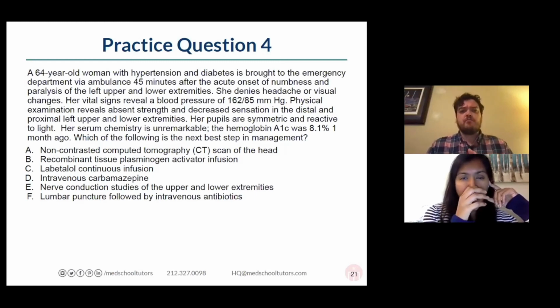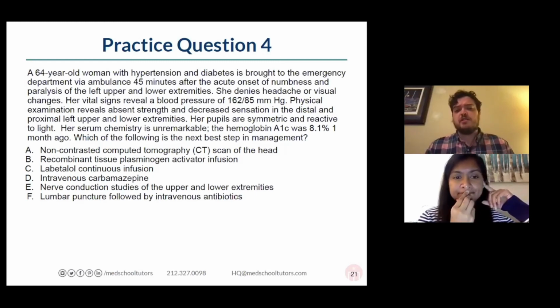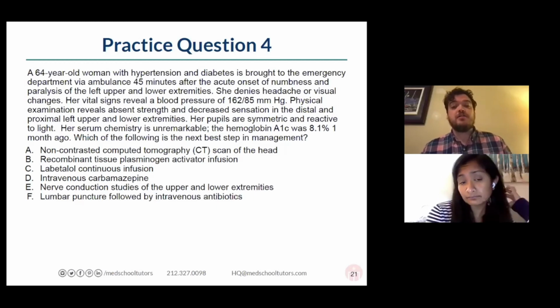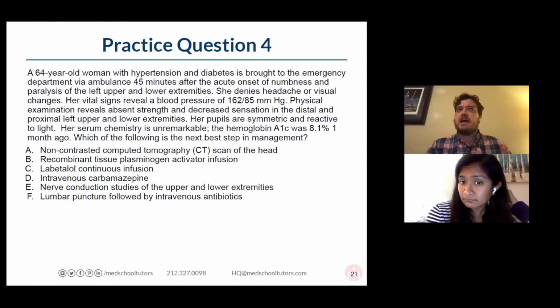So the sudden onset of paralysis and numbness in the left upper and lower extremities. She has no headache or visual changes. That tells us a little bit about what's going on in the cranium. Her vital signs reveal a blood pressure of 162 over 85 millimeters of mercury. Physical examination reveals absent strength and decreased sensation in the distal and proximal left upper and lower extremities. So the entire limb seems to be involved. It involves half of the body.